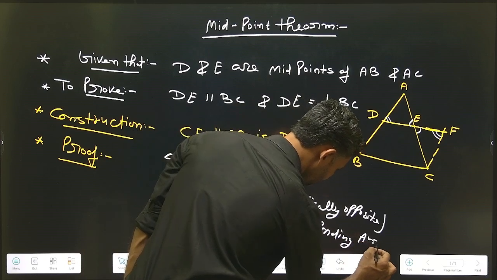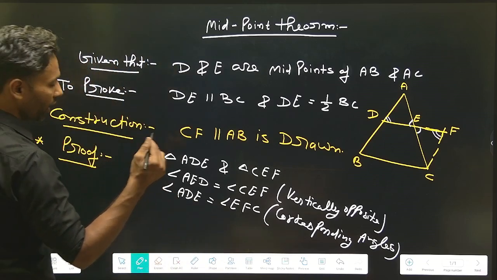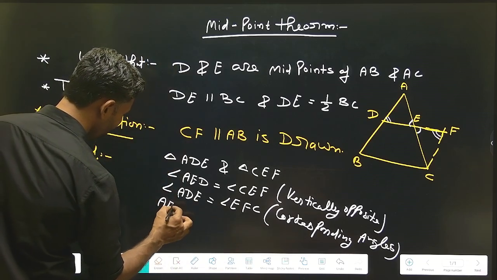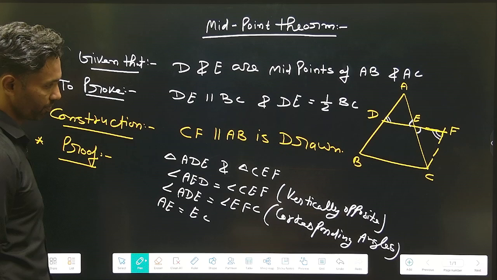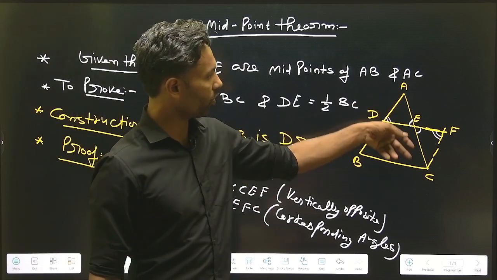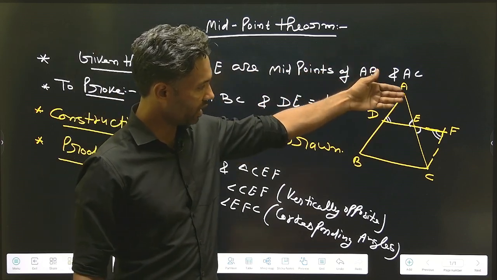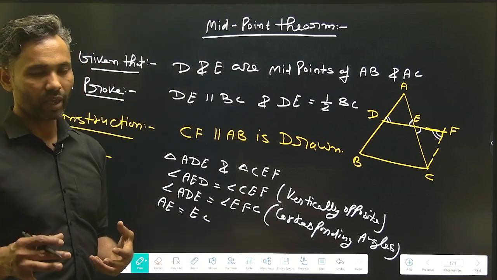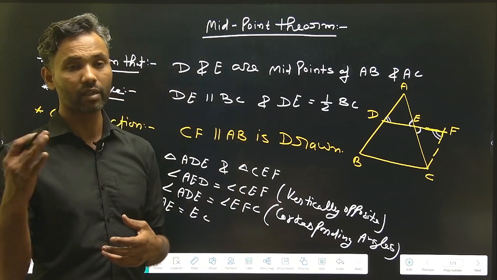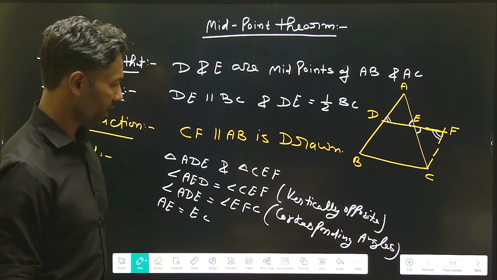We can say that side AE will be equal to side EC, because E is the midpoint of AC. It is given in the statement, so AE equals EC. Now applying the angle side angle property, we can say these two triangles are congruent.